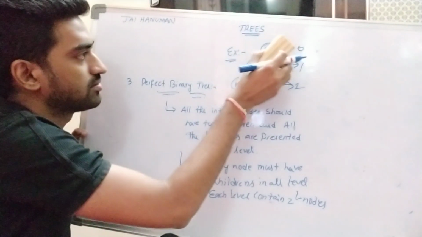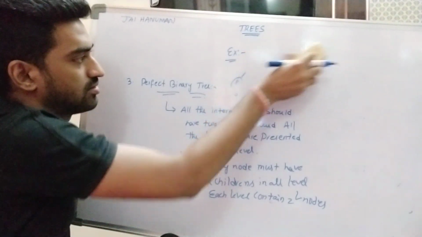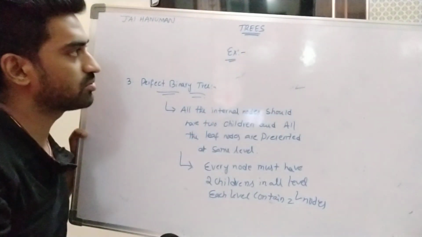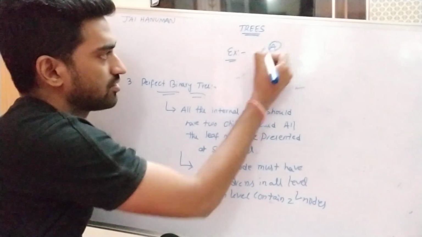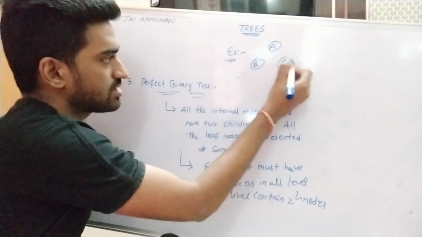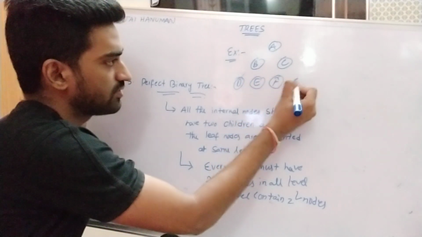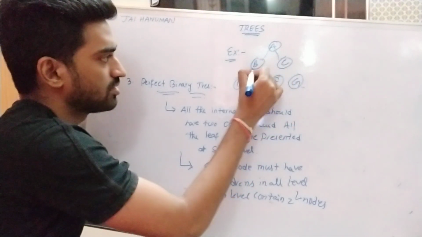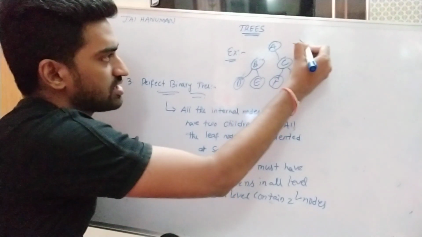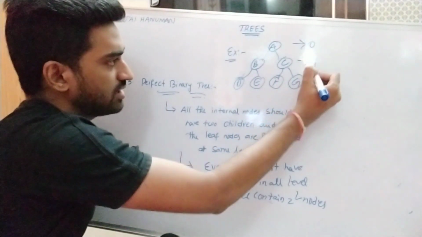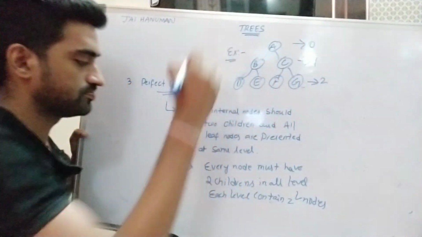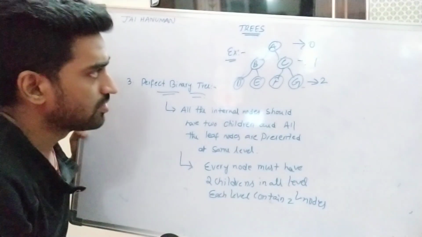Then here I am taking one more example: A, B, C, D, E, F, G. Level 0, level 1, level 2. Right?